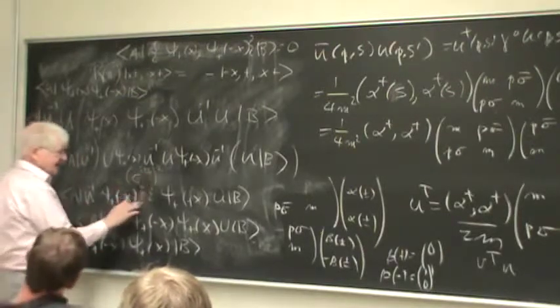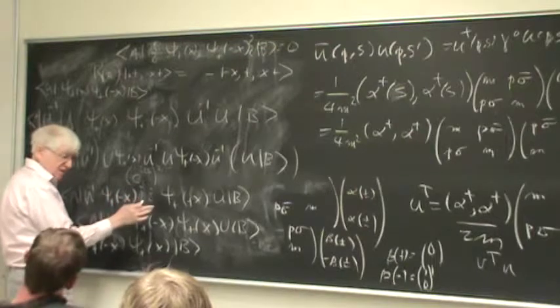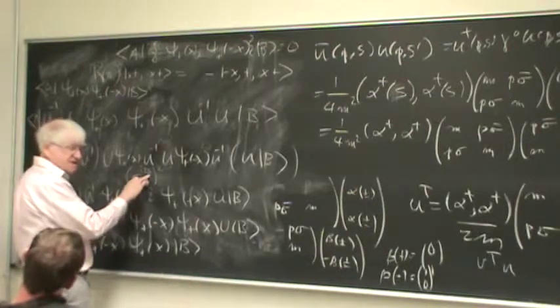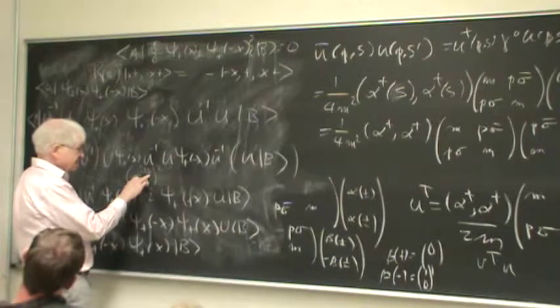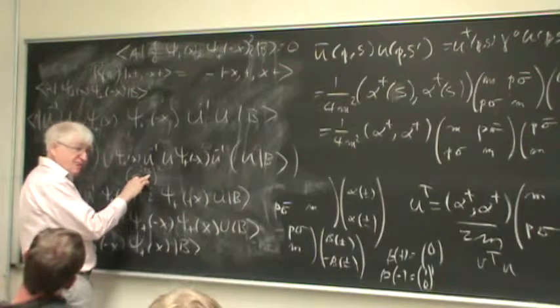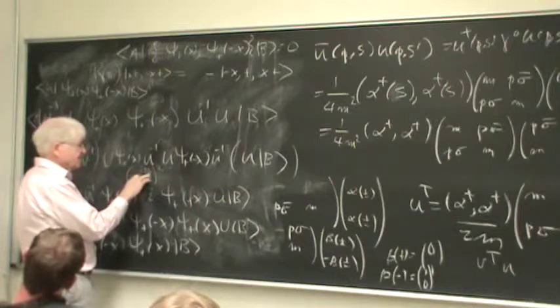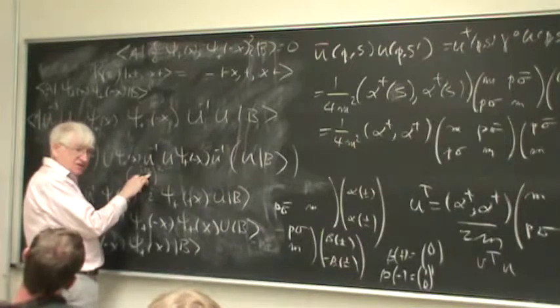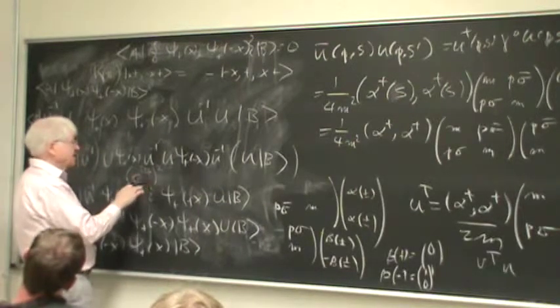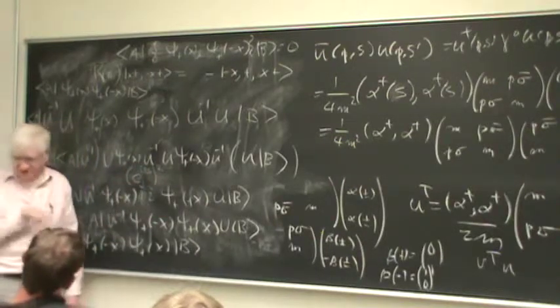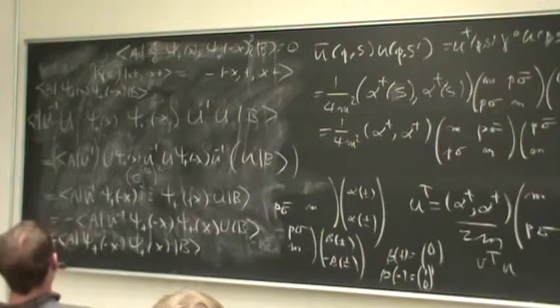When s is a half, you get just i squared. In general, you get this. If s is an integer, then this is e to the i pi times an integer, that's minus 1, and minus 1 squared is 1, so a commutator. If s is half an odd integer, like 3 halves, then you wind up getting minus 1. You have to have anti-commutation relations. Okay, so that's the way I look at this.